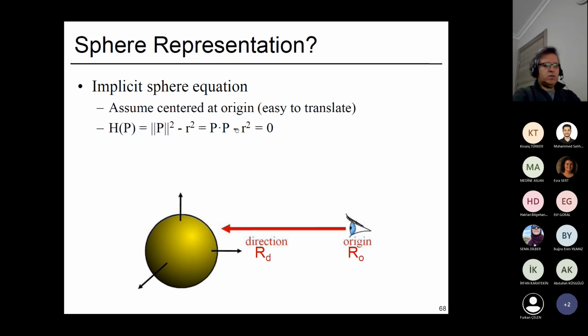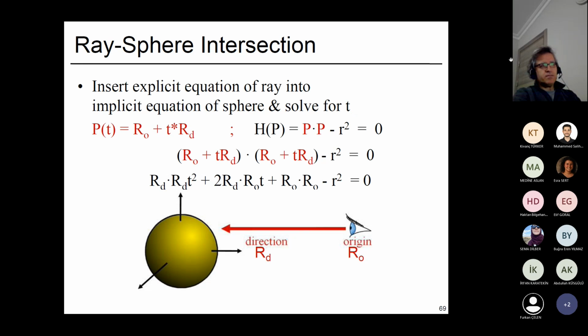This is the center of the sphere, and this is the radius of the sphere. So we have P dot product P minus R squared equals 0. I can place my P(t) as R0 plus t RD.